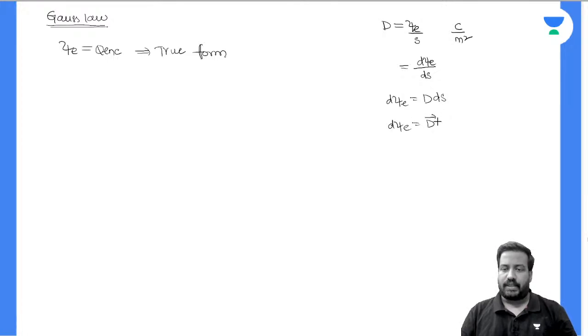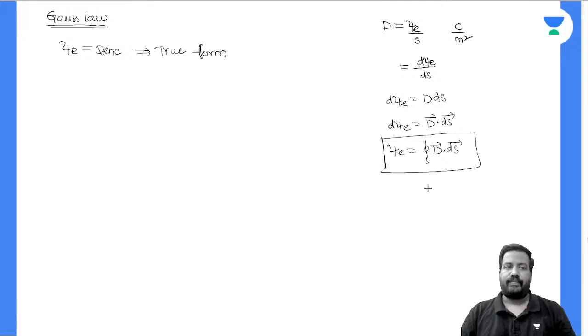In vector notation, D dot ds, the dot product of two vectors, is a scalar quantity. From this, psi e is equal to the closed surface integral of D dot ds. This is the relation between electric flux and electric flux density.